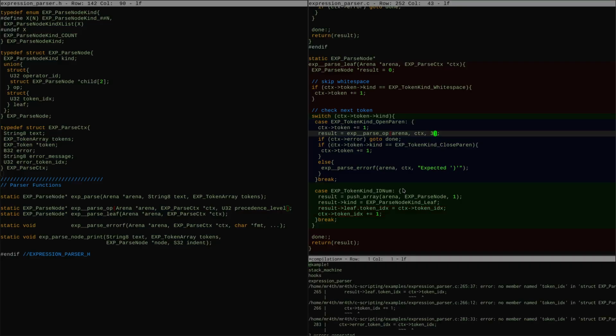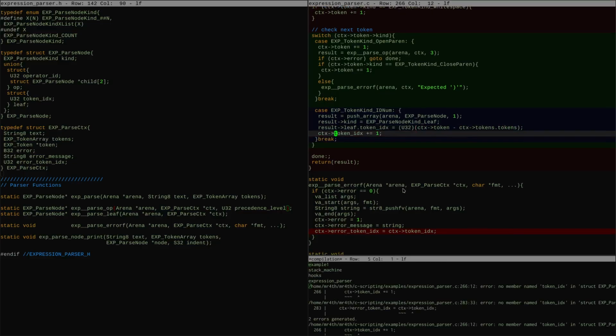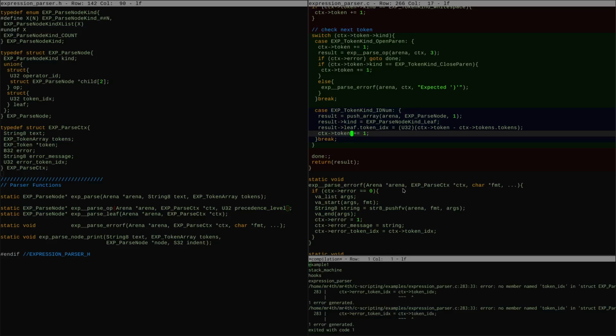You start with that, yeah, because you're beginning. Token index. Token minus context tokens dot tokens. Token plus equals 1.